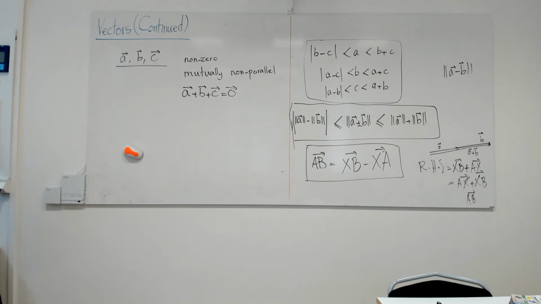I'm giving you one piece of information. I give you three vectors. They are not parallel. They are not 0. But I know one more thing. I know that they add to 0. I'm claiming that if you look at the size of these three vectors, using those numbers, I definitely can construct a triangle. I think that all of them are the same size.